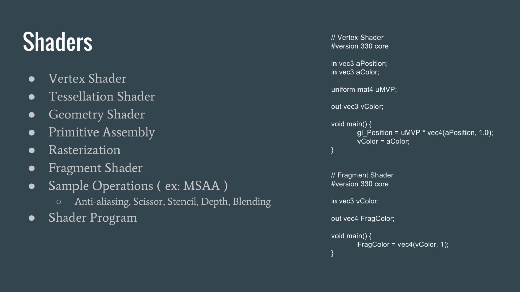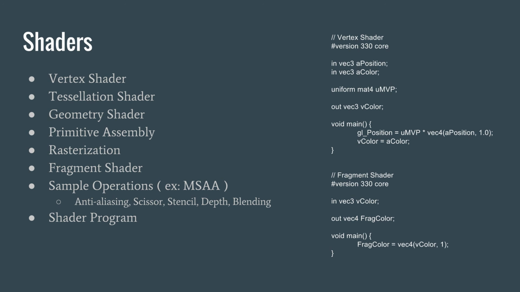And then you multiply the position that we got from the triangle. So whatever this position is, it takes it, multiplies it by our MVP, so then it converts it from object space to world space to view space to screen space, so then we know where it's going to be at on the screen. And then we just pass along the color here out to the fragment shader.